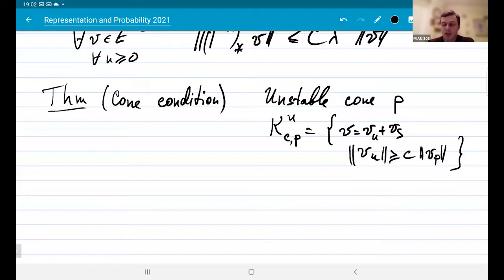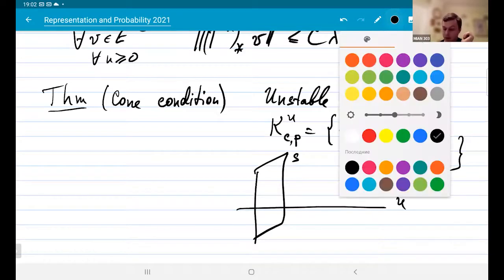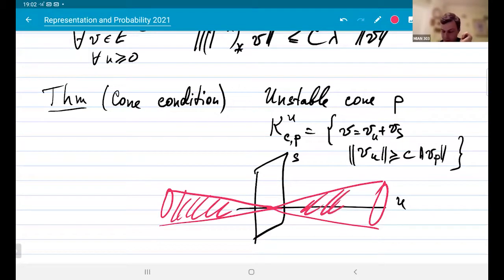So by the way, for example, if the unstable space has dimension 1 and the stable space has dimension 2, then the stable cone is the part that is usually thought of as a cone, together with its interior.